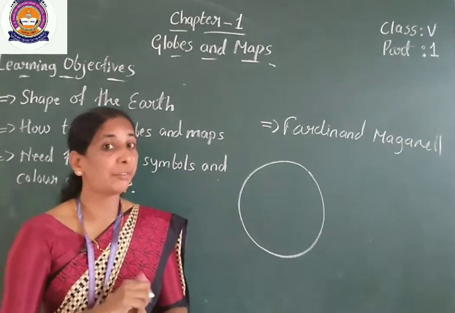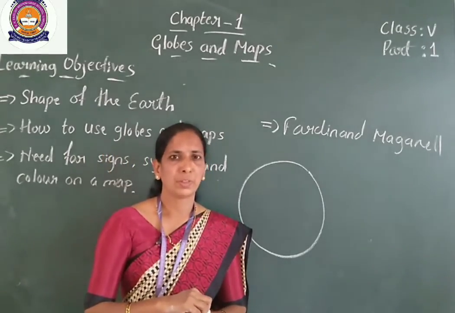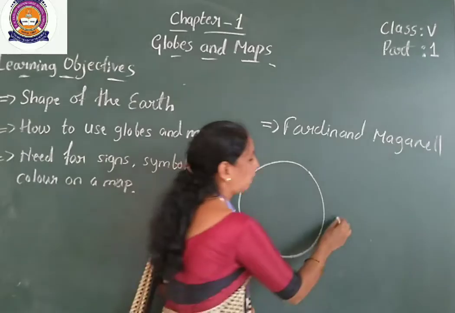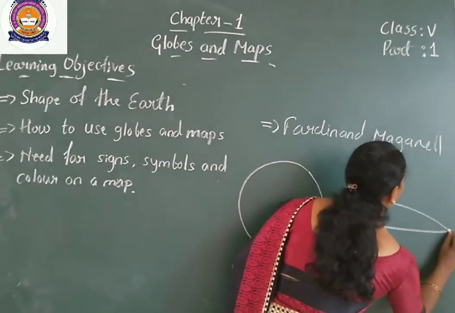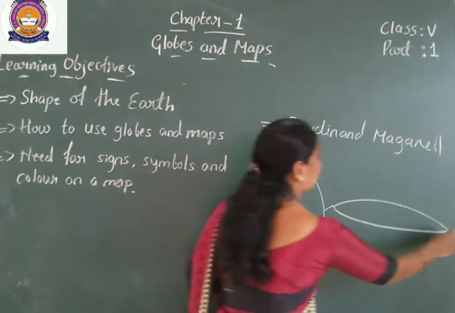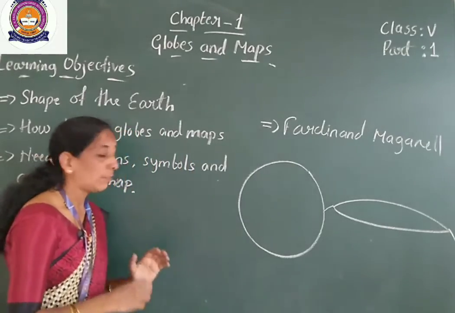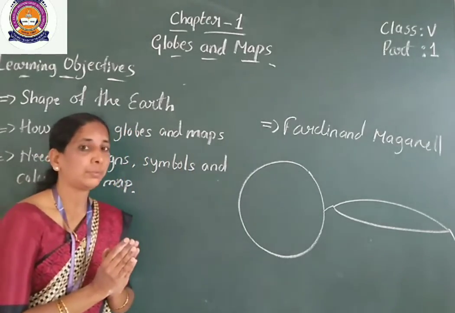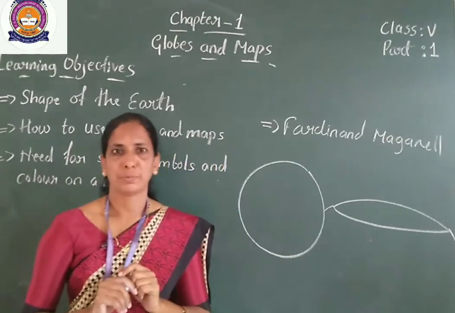Before this discovery, people believed the earth was flat in shape with steep edges. Understood? Once again I repeat this. Globes and maps.